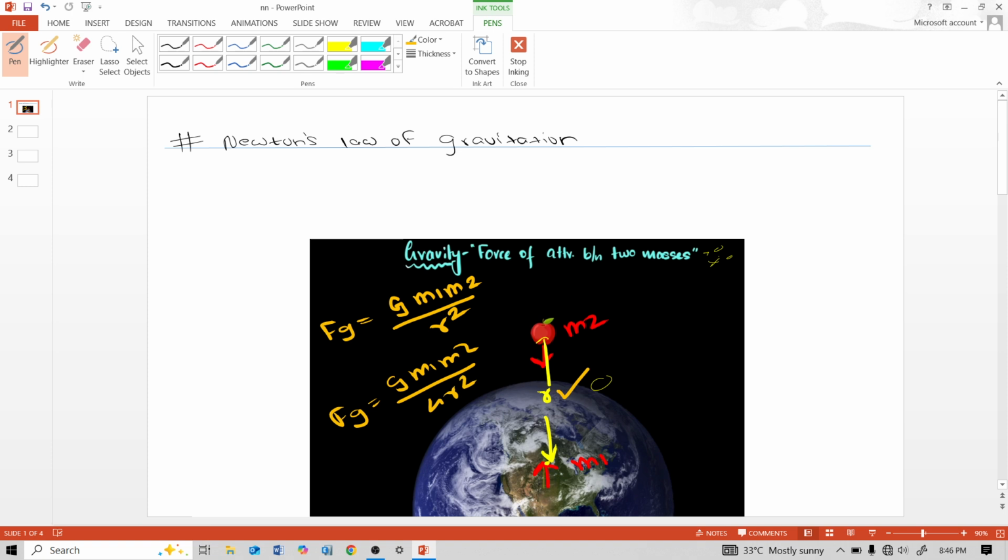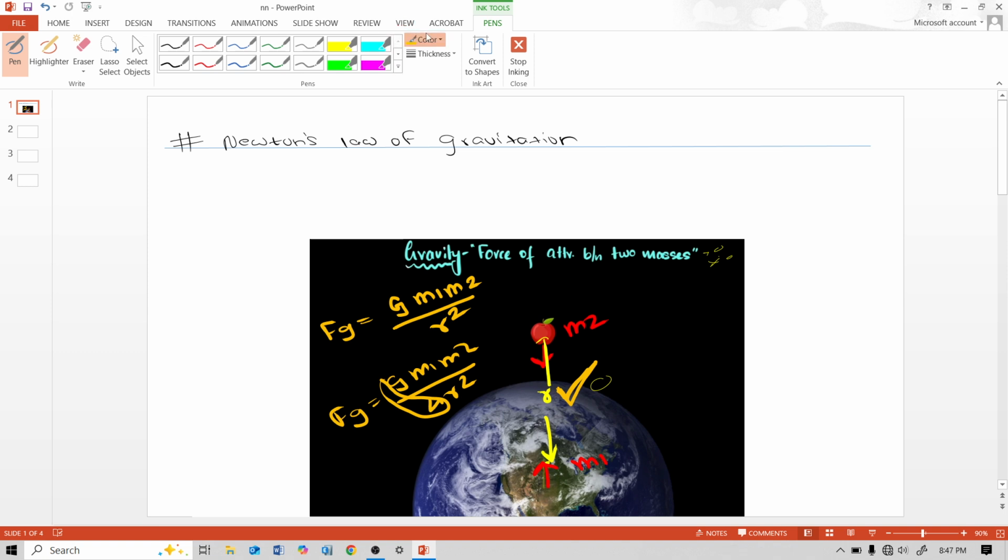So if r is doubled, the force of gravity will not double. It will reduce by 1/4, because this portion becomes 1/4. So if you double r, then your force of gravity will reduce to 1/4.